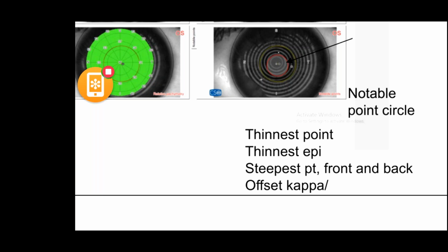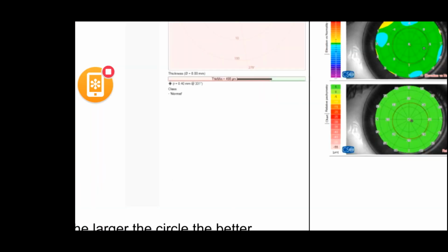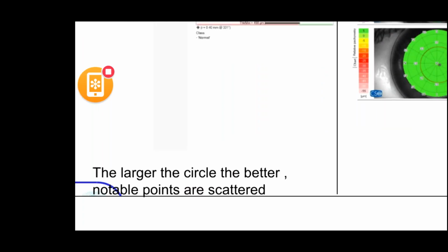The closer they are to each other, the more risky it becomes. So this circle is very important. More than reading most of the scans, you've got to read this scan. Small circle, dangerous. Large circle, okay, good. All right. And then you have some of the numericals this side, which are very, very small. And I've put them in another slide.